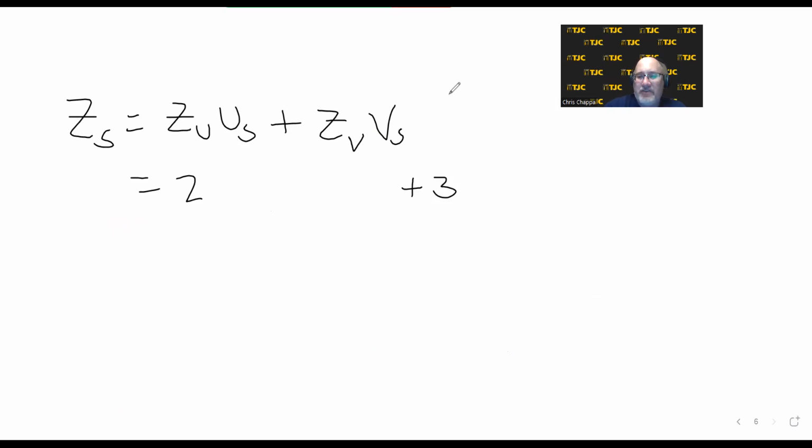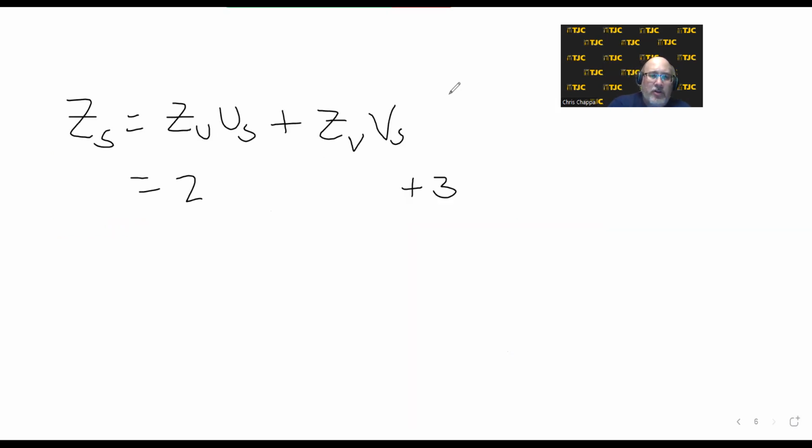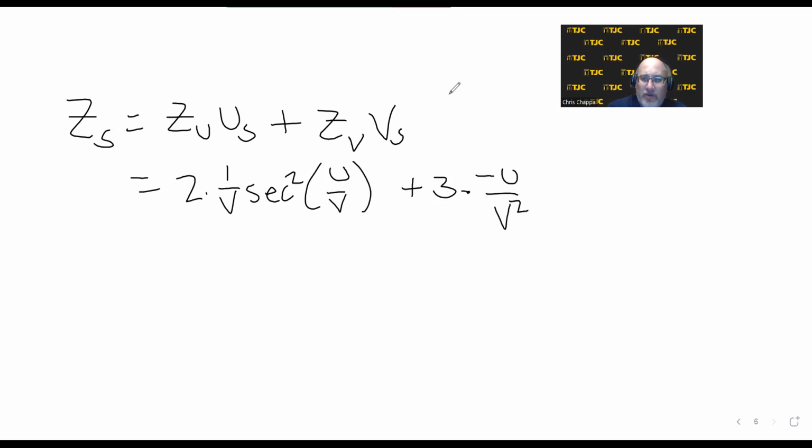I need zu and zv. Zu is 1 over v secant squared u over v. Zv is negative u over v squared. So 1 over v secant squared u over v, and then times negative u over v squared secant squared u over v.